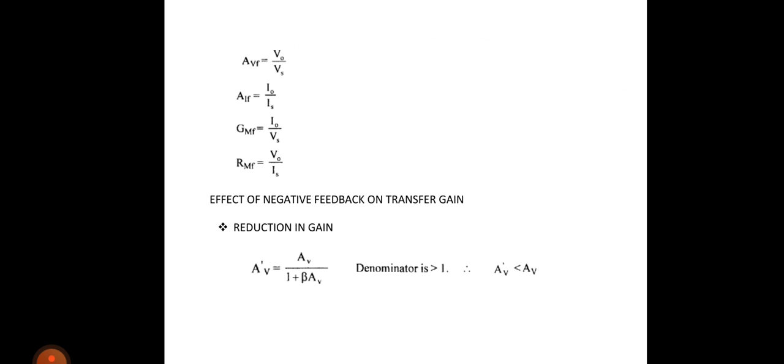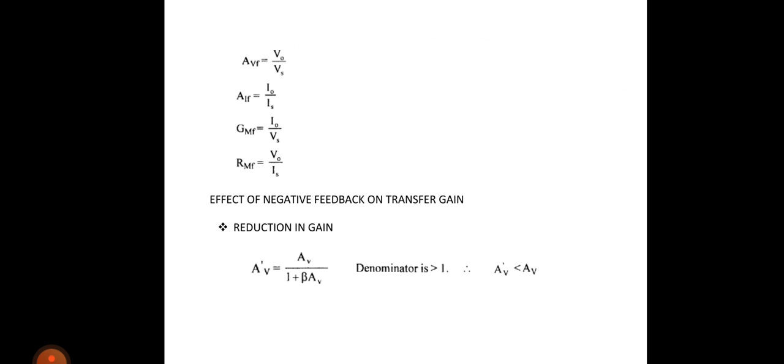Differentiating both sides with respect to A, we get dAF by AF equal to dA by A into 1 by 1 plus A beta, where dAF by AF is the fractional change in amplification with feedback, and dA by A is the fractional change in amplification without feedback.